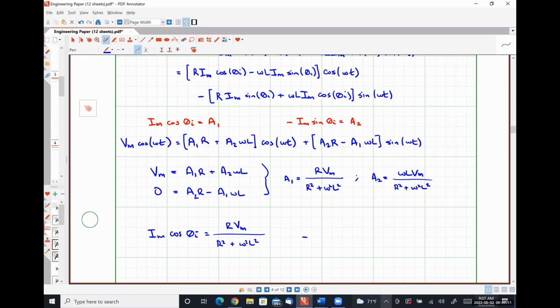And we know that Im sine theta I is equal to negative omega L Vm over R squared plus omega squared L squared, right?